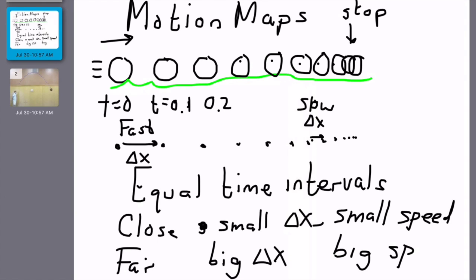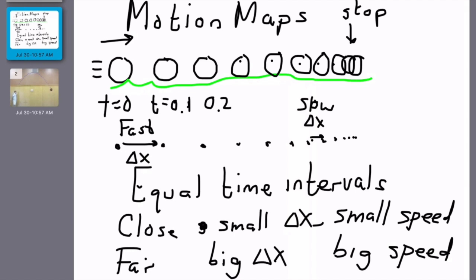So we can draw conclusions about the motion of objects based on looking at their motion maps. What you need to be able to do is represent an object that's moving in a motion map. It doesn't have to be perfect, but it has to allow us to draw the right conclusions. And you also want to look at a motion map and say what's going on.